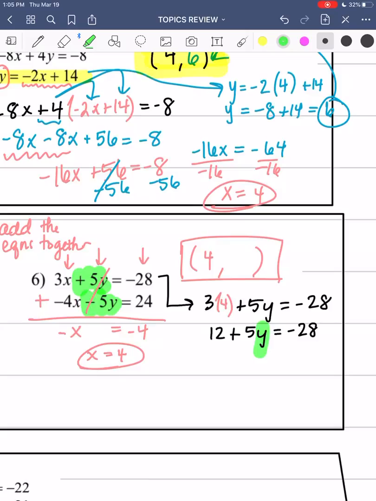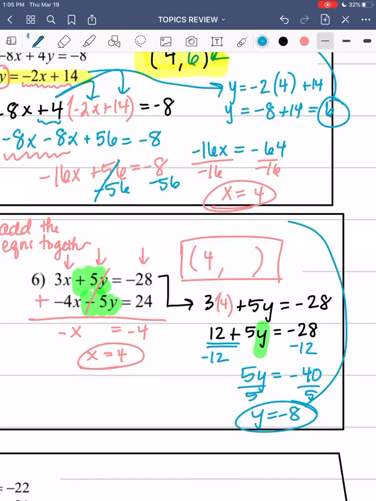So we have to start furthest away from that, this 12, okay? So we have to do a minus 12, minus 12. Okay, now I'm left with 5y equals negative 28 minus 12 is negative 40, divided by 5, divided by 5, y equals negative 8. So our final answer is 4, -8.